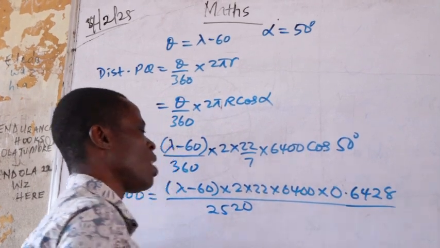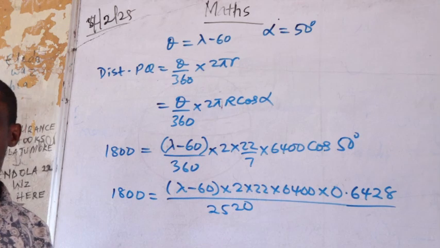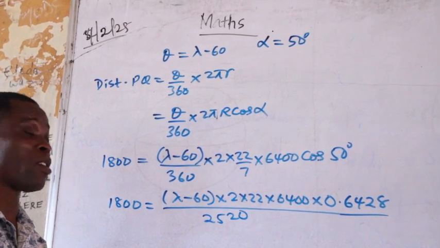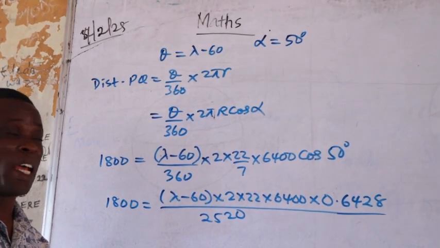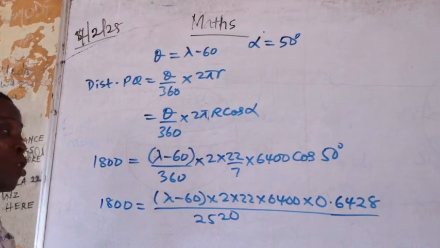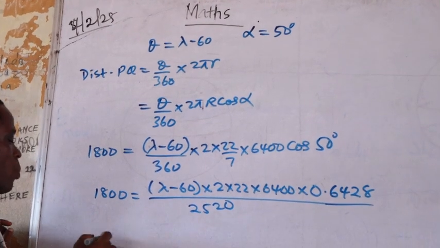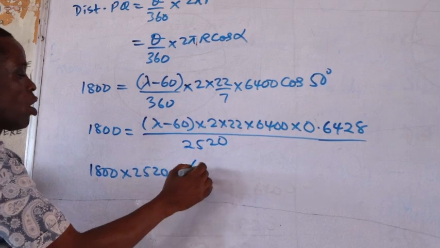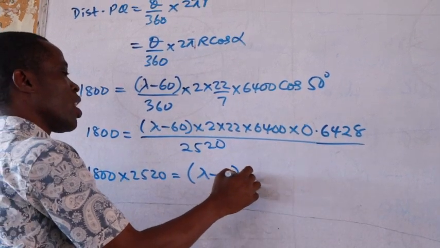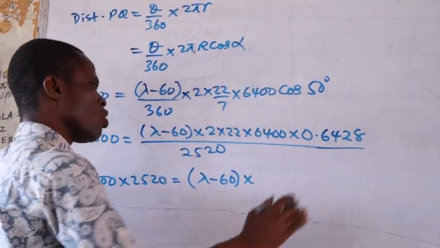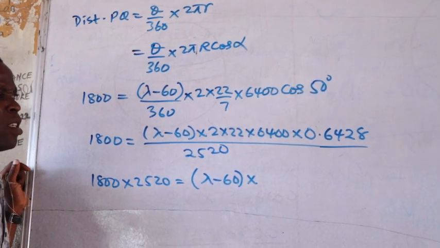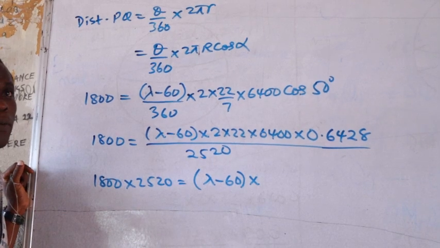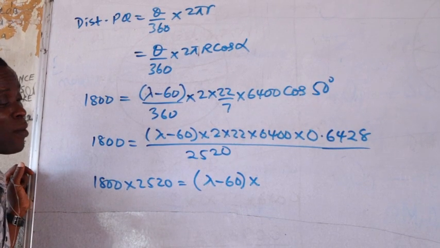Please don't attempt to cancel here. Use your calculator to multiply, because if you try to cut it and make a mistake in the process, you will be penalized. So use your calculator to perform this operation. Now, you cross multiply. 1,800 times 2520 equals lambda minus 16 times, multiply all these, 2 times 22 times 6,400 times 0.6428. Let me multiply this. What is the value?